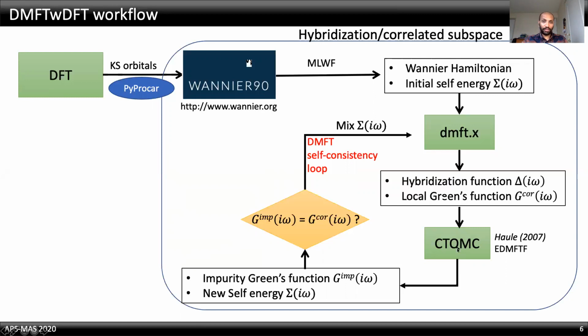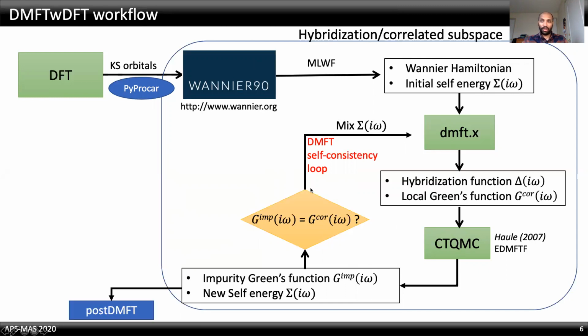And the impurity solver solves for the impurity Green's function and the new self-energy. And DMFT self-consistency is achieved when the impurity Green's function is equal to the lattice or the correlated Green's function. And this loop is done self-consistently until that convergence is reached.